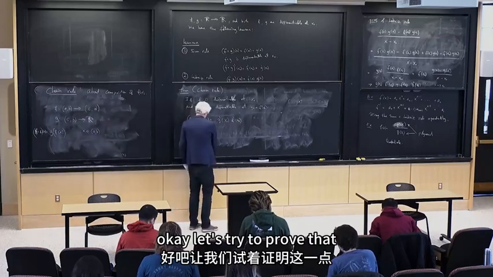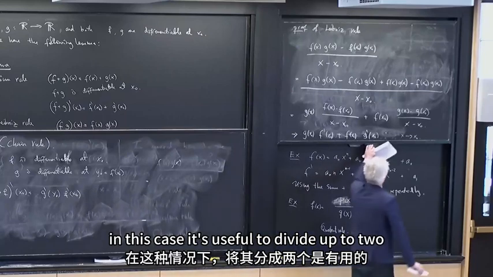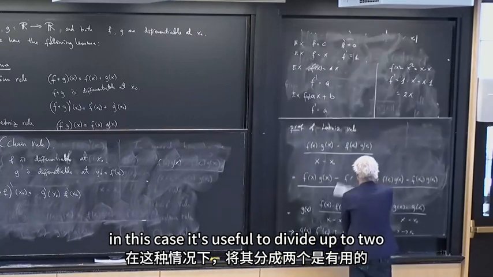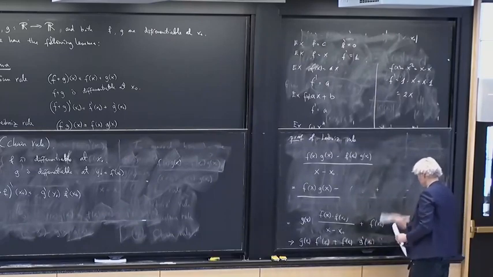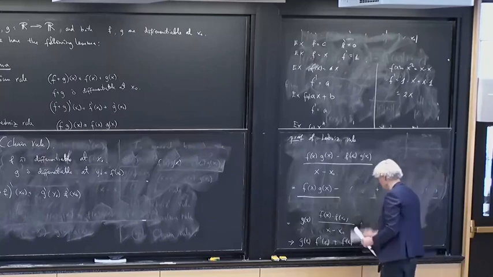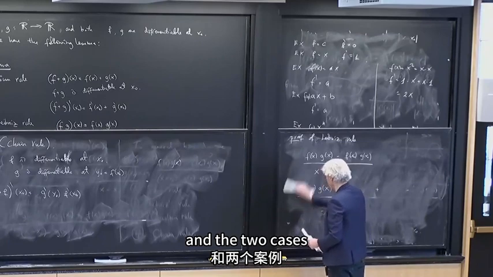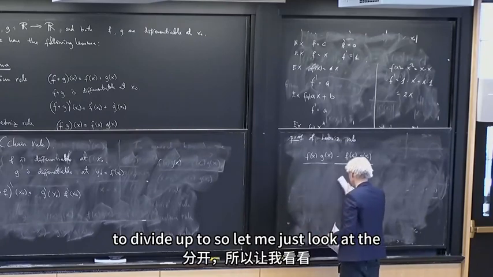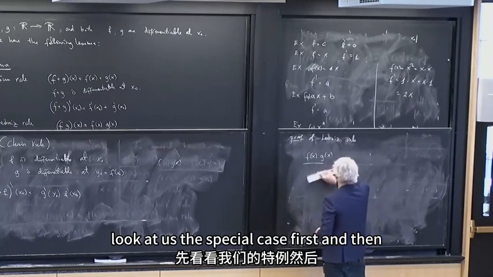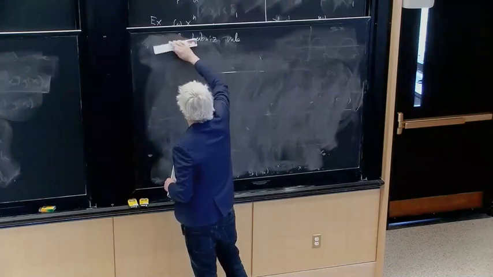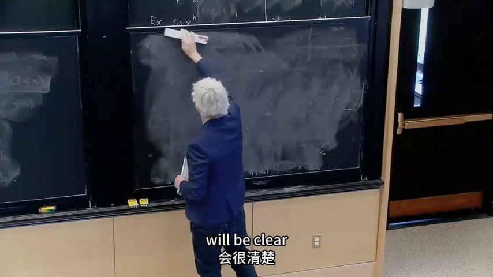Okay, let's try to prove that. In this case, it's useful to divide up into two cases, so let me just look at the special case first, and then once we understand that, the general case would be clear.